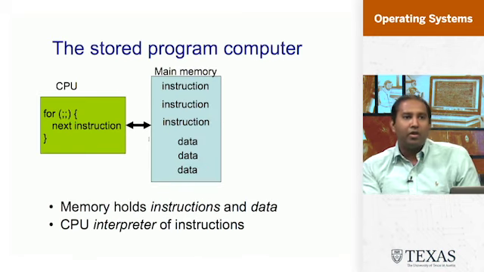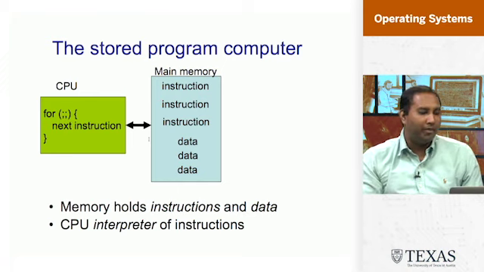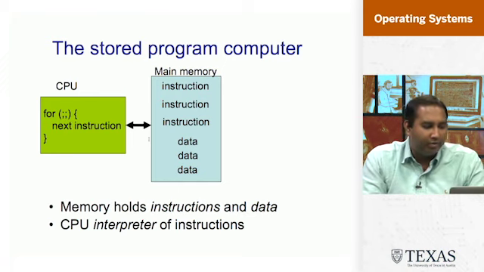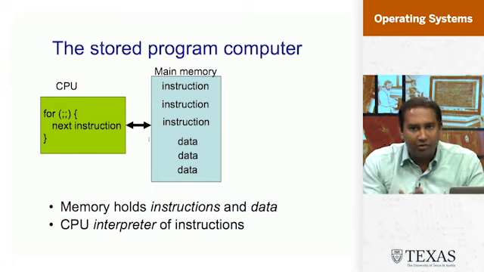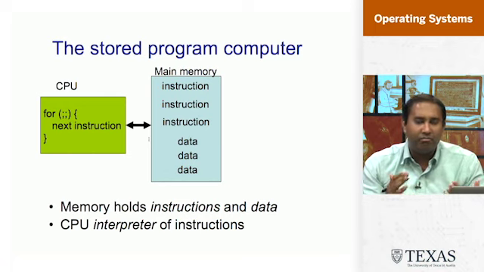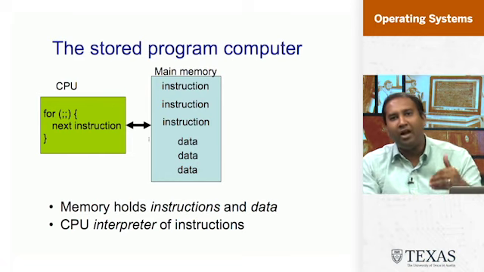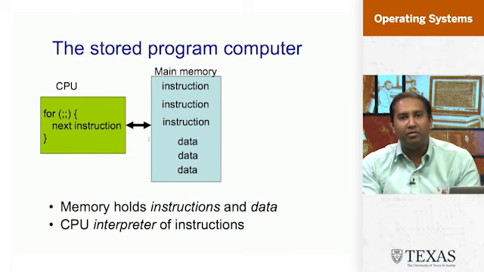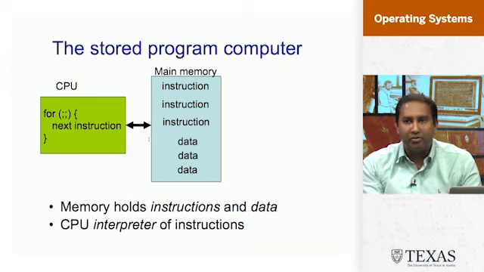So the way you should think about a program in this x86 architecture is that it's a sequence of instructions which operate on data. And these are all instructions that an x86 processor understands. For example, let's say the x86 processor understood only adds, then all your programs are going to be a sequence of add instructions with different arguments. For example, add 1 plus 2, add 2 plus 3, and so on.